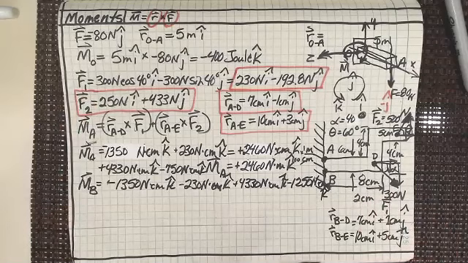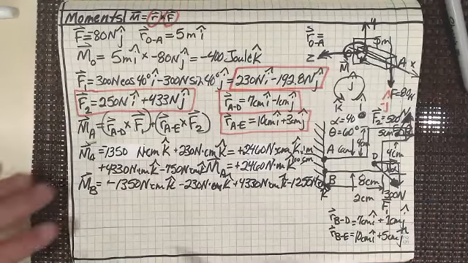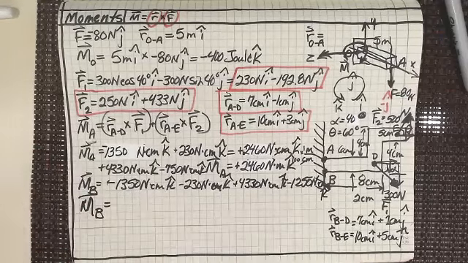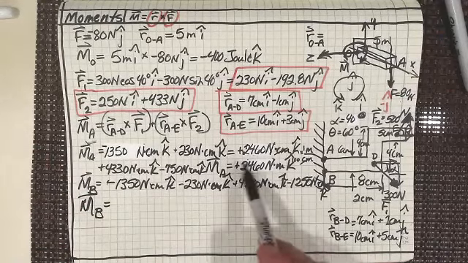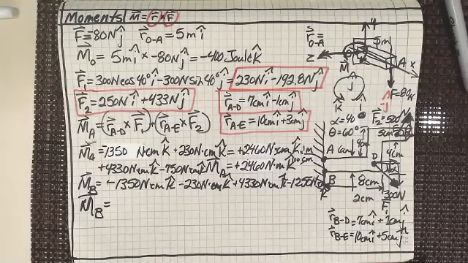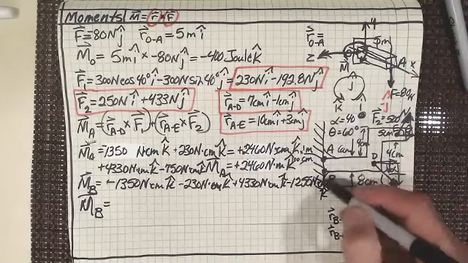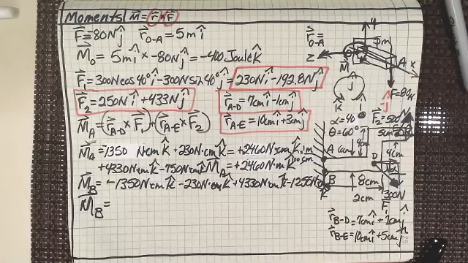All right, so we've got that. Now we want to add that up to find out what the moments are about B and see which one of these two has the greater magnitude of moment about it, that we would have to beef up that area of the flange, right? Maybe we have to fillet this area of the flange, or we have to fillet this area of the flange, or something like that to help with it restraining the applied moments.